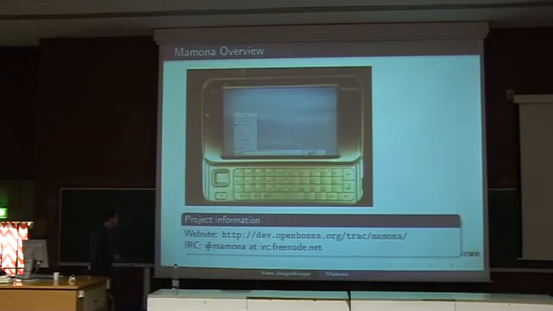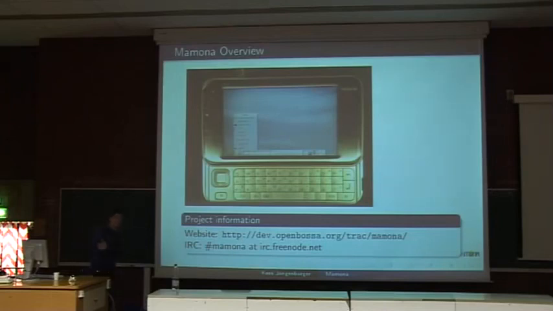There's a website. This whole project was started by INDT, the Nokia Institute of Technology, in Brazil, and they initiated it because they felt it was a good idea, I guess, and so it's run from there.